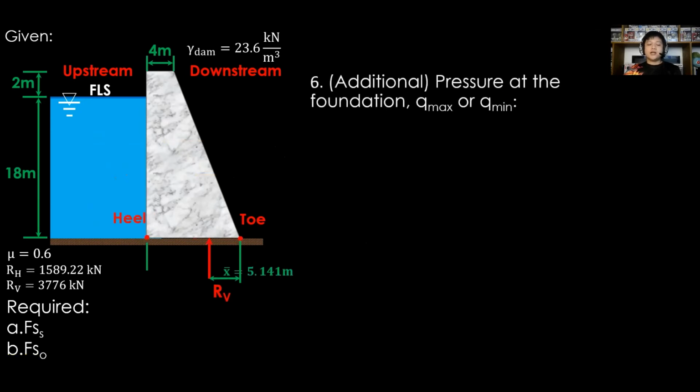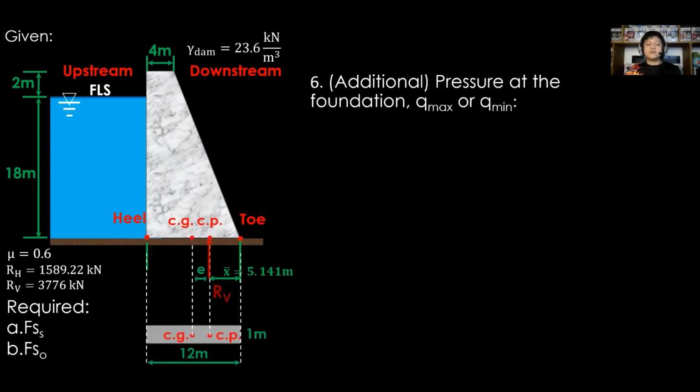For additional part of the problem, determine as well the design pressure at the base needed for checking the bearing or carrying capacity of the soil as well as for the design of the foundation. Consider only the value of the vertical reaction or RV.